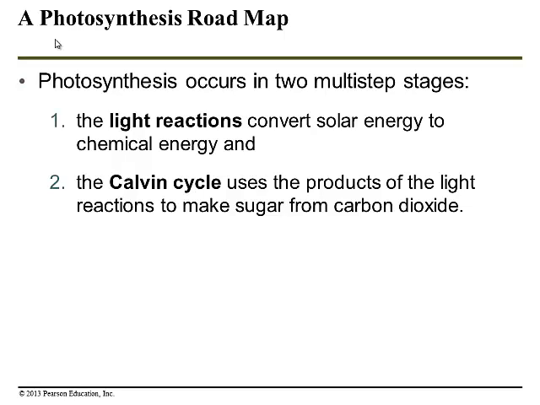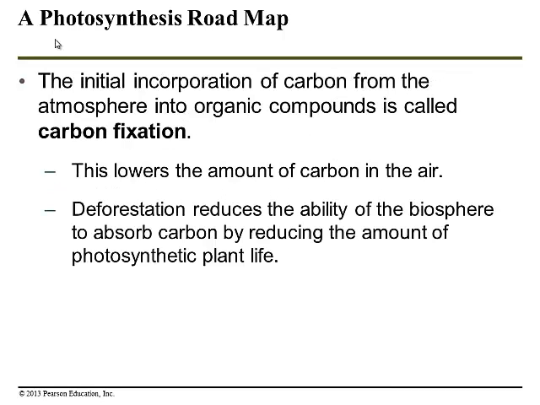And then we have the Calvin cycle. So we're going to use products of that light reaction to make sugars from carbon dioxide during the Calvin cycle. Remember, we had glycolysis and the formation of acetyl coenzyme A that then fed into the citric acid cycle.